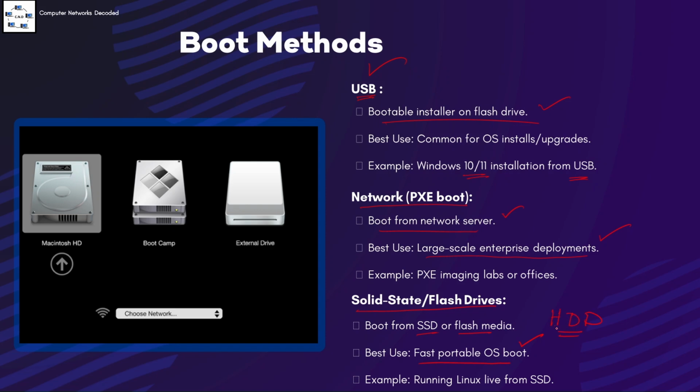Commonly we have an SSD drive inside our workstation such as a laptop or PC, and on this particular SSD we install our operating system so that it boots fast, because we have to boot our operating system every time we turn on our system. So installing your operating system on SSD will reduce the boot up time. For example, running Linux live from SSD. This SSD can be internal or you can also use an external SSD drive.